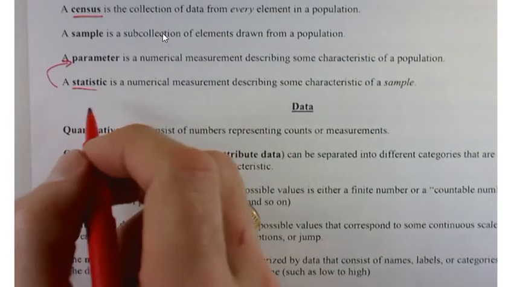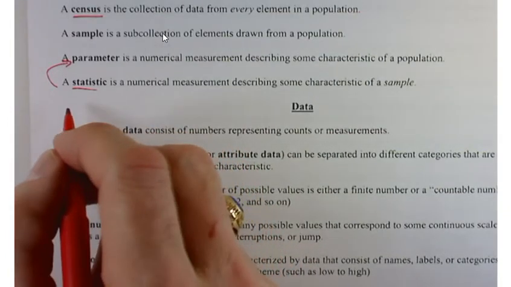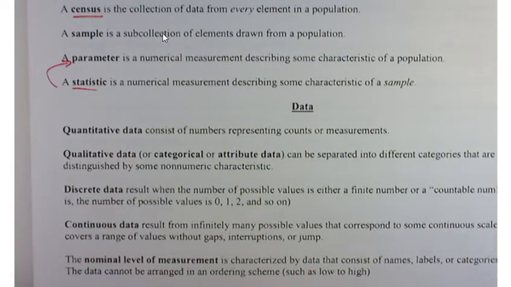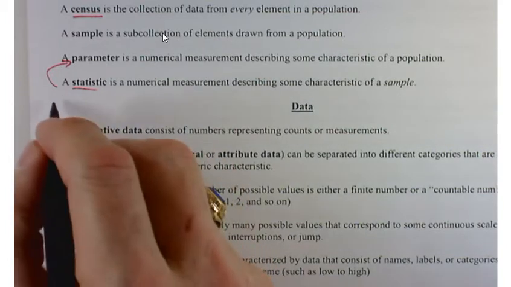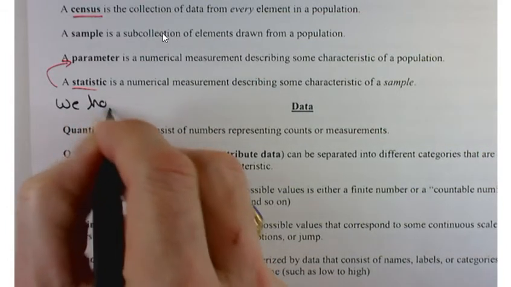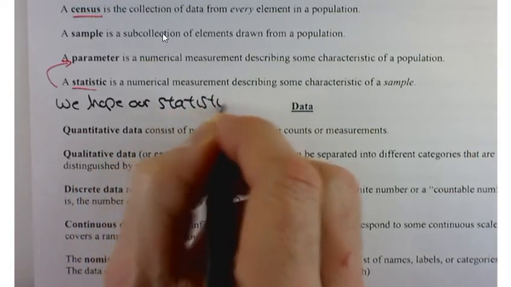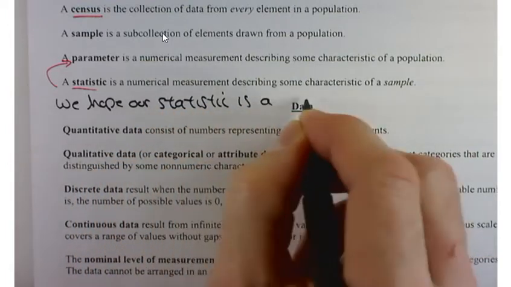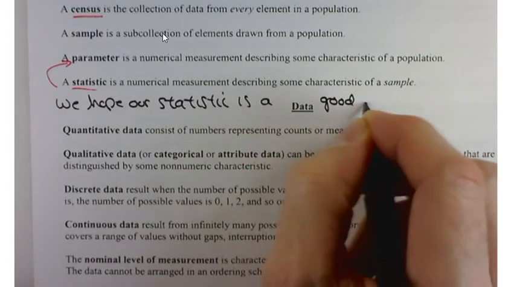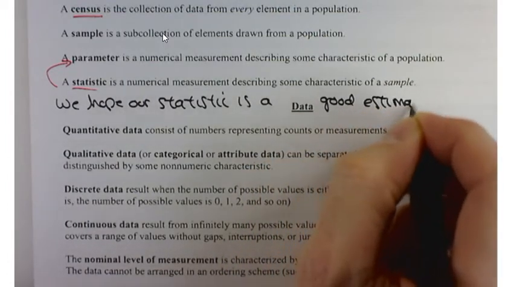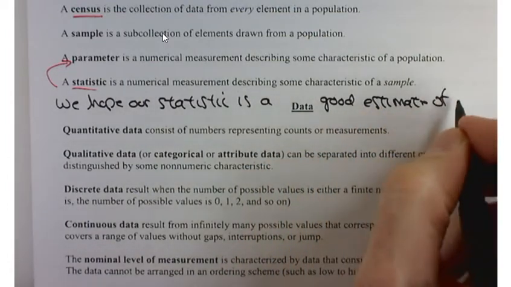So a statistic estimates the population parameter. Let's write that down. At least we hope our statistic is a good estimate of the population parameter.